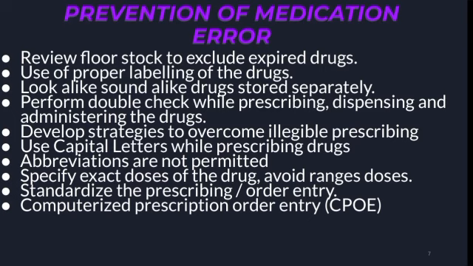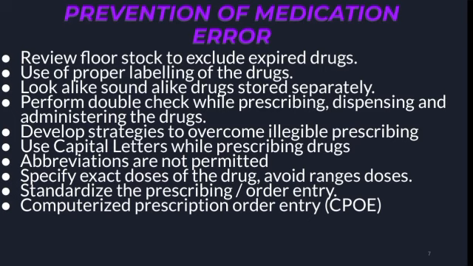Develop strategies to overcome illegal prescribing. Illegally prescribed drugs should not be given. Use capital letters while prescribing a drug. In the prescription use capital letters, so that it will be clearly understood by the pharmacist, and they will dispense the correct drugs.